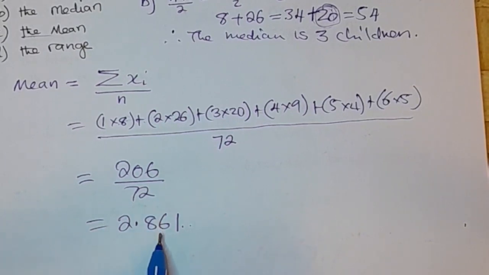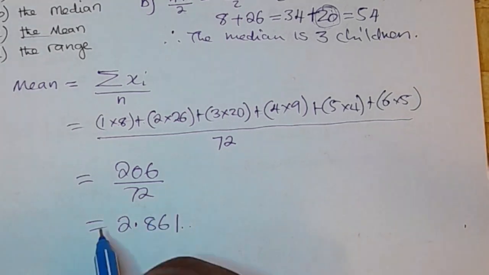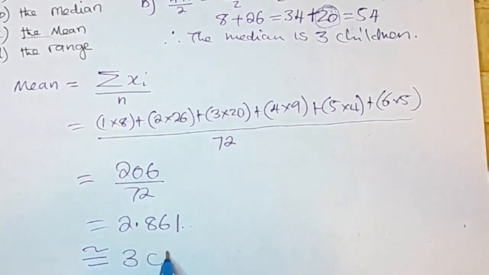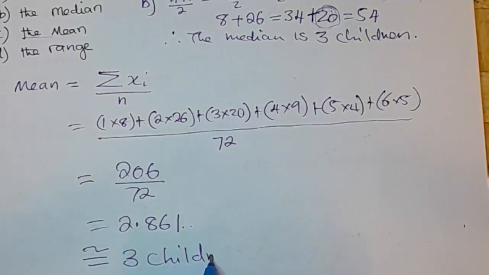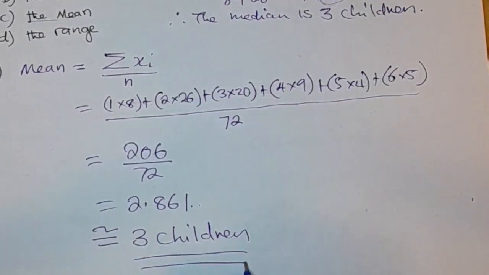Now remember, these are children, and you cannot write a child as a decimal. These are real objects, so with real objects, we approximate and say, therefore, the mean is 3 children.